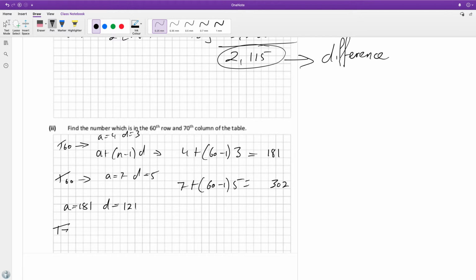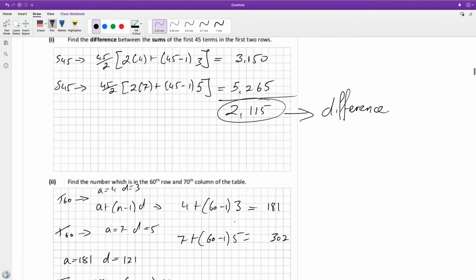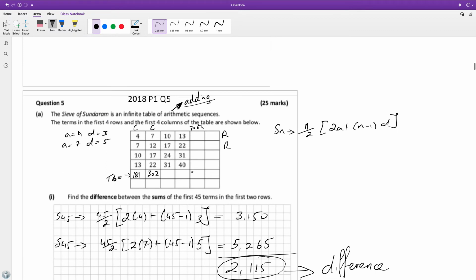So T70 then is A is 181 plus 70 minus 1 times 121. 8,530 is what we're getting. And that is the 70th term in the 60th row.